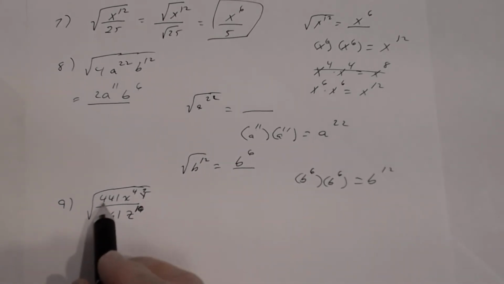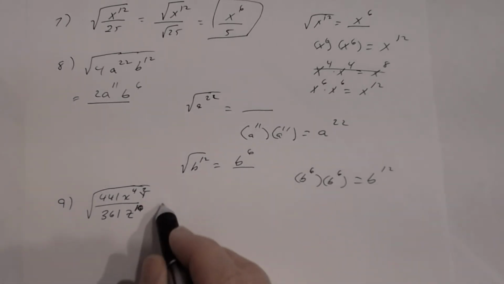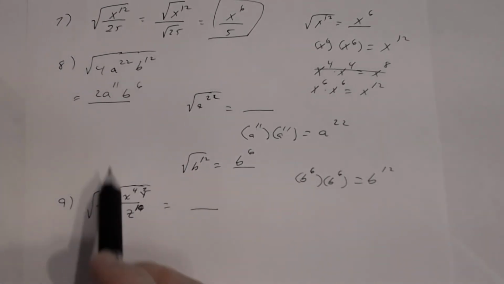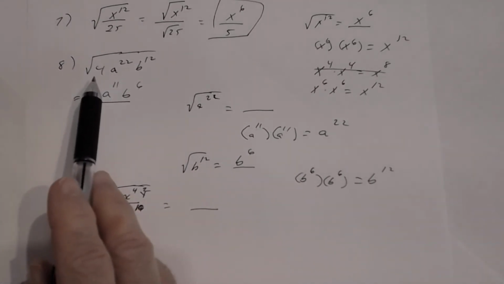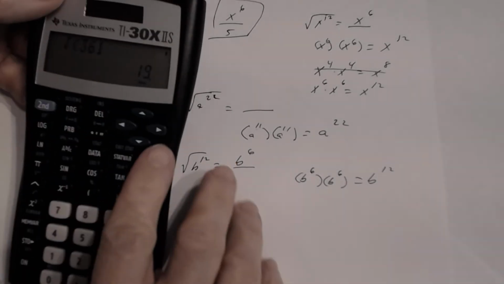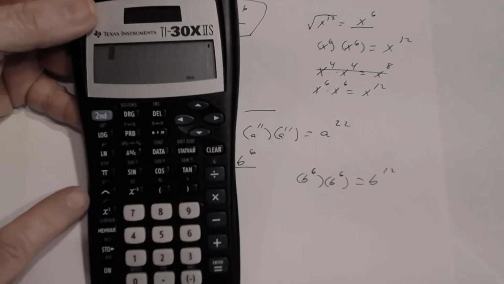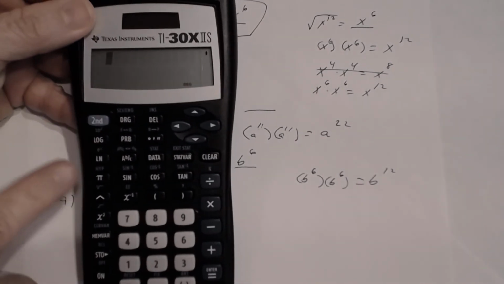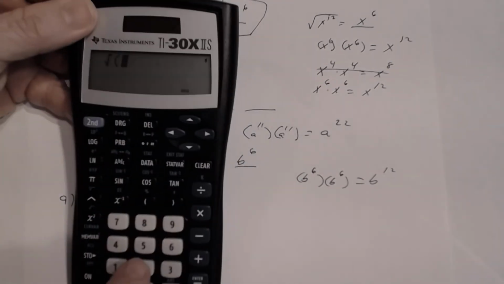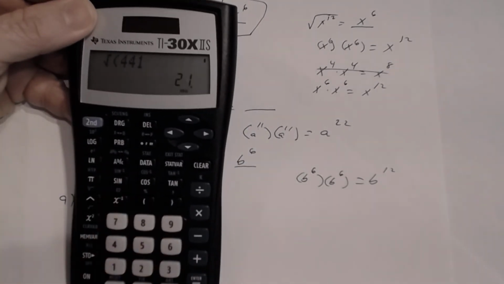Let's talk about the square root of 441 first. Use your calculator. I don't expect you to know, like we did here, that the square root of 4 is 2 right away. So in your calculator, you use your square root button. So remember how to get to it. The square root, second x squared, square root of 441 is 21.